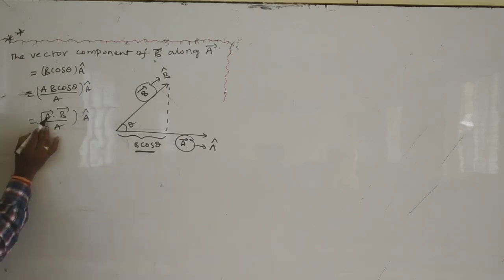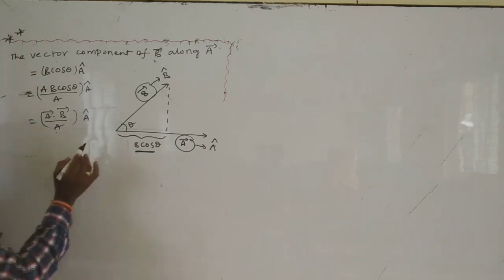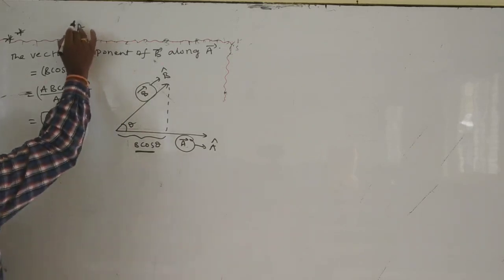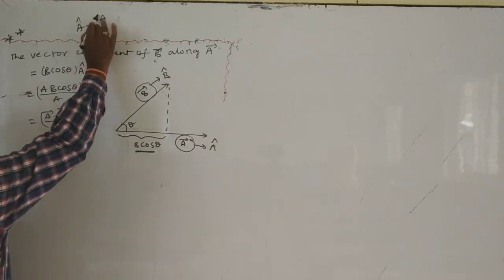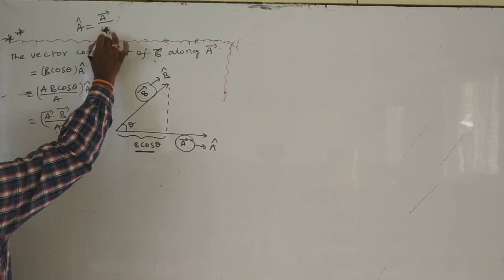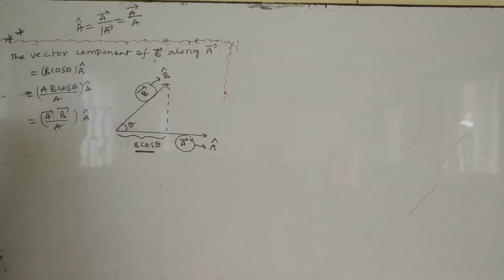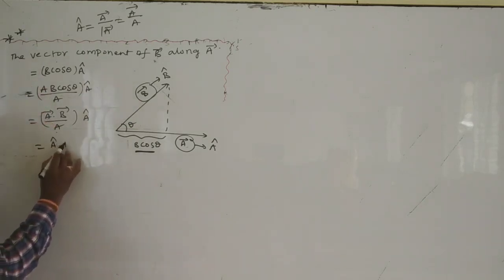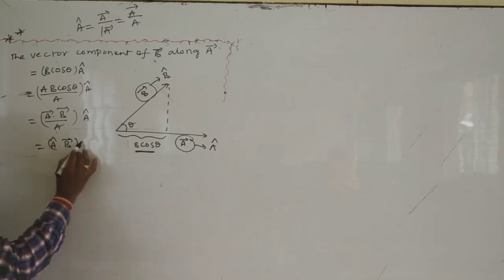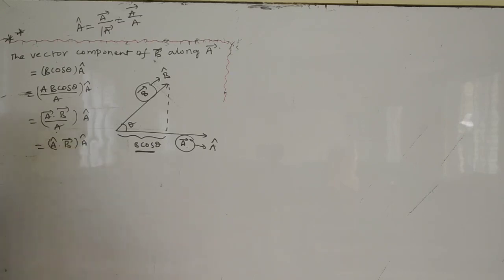Now A bar by A, what is the unit vector? A cap equals A bar by modulus of A bar, simply A bar by A. So we get A bar dot B bar into A cap.